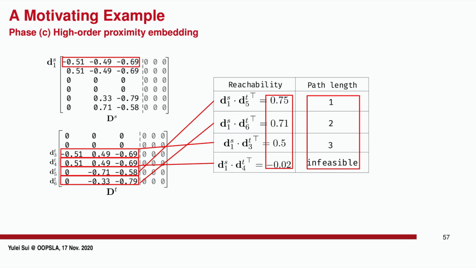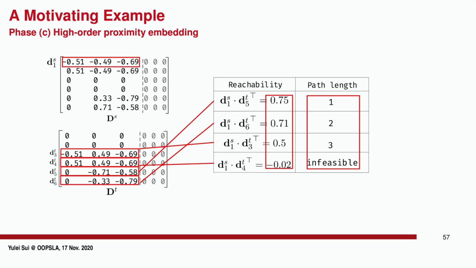This table lists the reachability relations precisely preserved by our embedding. The path from L1 to L5 is the shortest, with the largest proximity value. The path from L1 to L6 and the path from L1 to L3 are also successfully preserved with lower values.